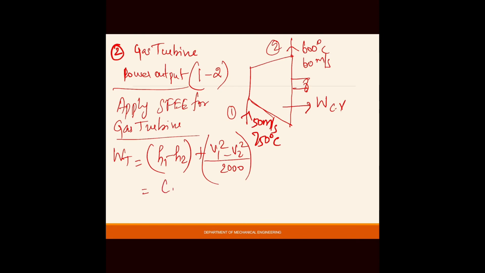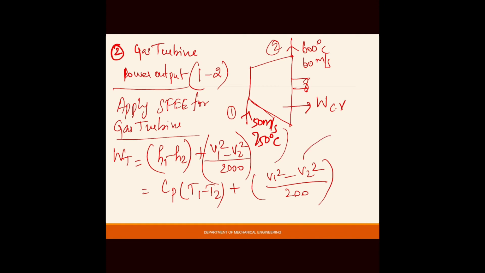The enthalpy difference is denoted by Cp times T1 minus T2. We already know the velocity V1 is 50 meter per second, V2 is 60 meter per second, and we already know the T1 and T2 temperatures. The final work done was 150.2 kilojoules per second. So this is the second answer for this question. Work done for the turbine is 150.2 kilojoules per second.